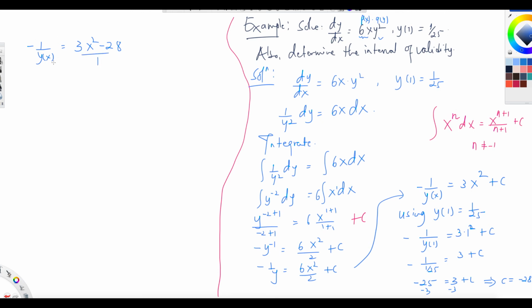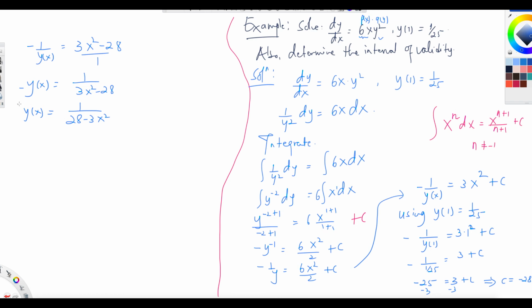So I want to solve for y of x. So what is the value of y of x? Then you flip, right? So you get negative y of x equals 1 over 3x squared minus 28. If you multiply both sides by negative 1, you get y of x equals 1 over, you multiply the right side by the negative sign too, you get 28 minus 3x squared.